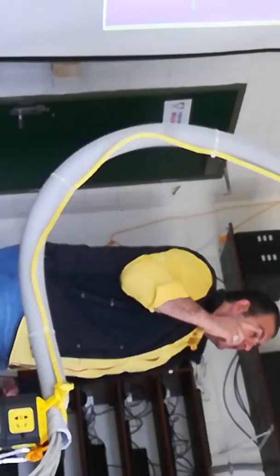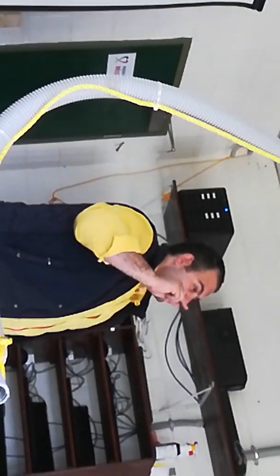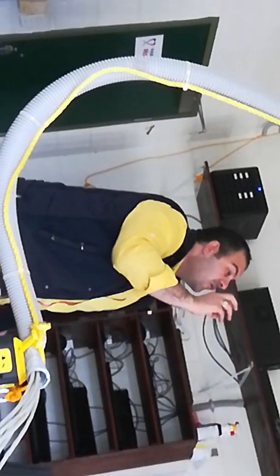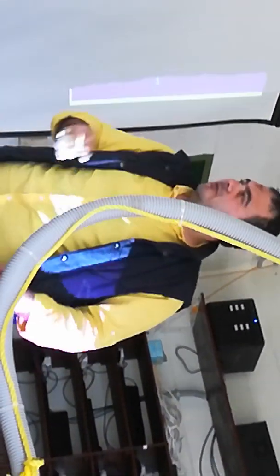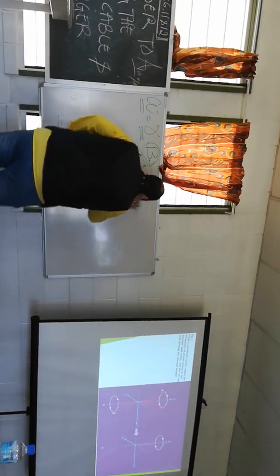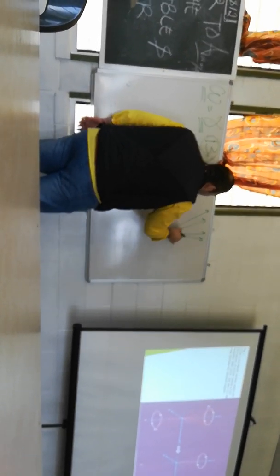This longitudinal magnetization is the net magnetization of all protons pointing up. Each one of these arrows represents a proton, all of them pointing up.